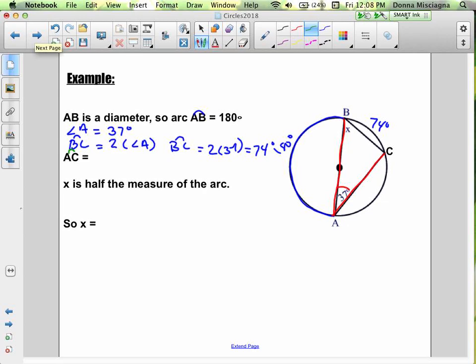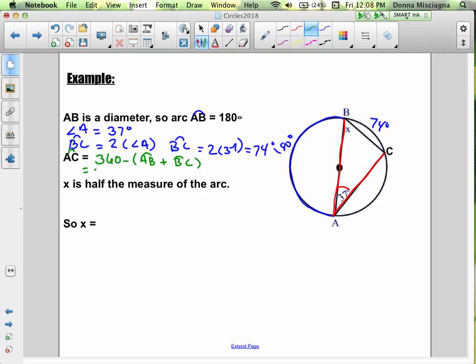Let's just put a little arc symbol there. Arc AC is equal to the whole circle, 360, minus the other two arcs. So that would be minus arc AB plus arc BC.